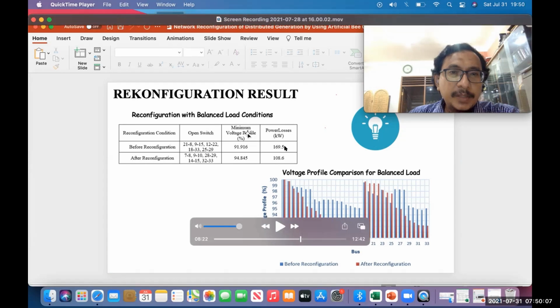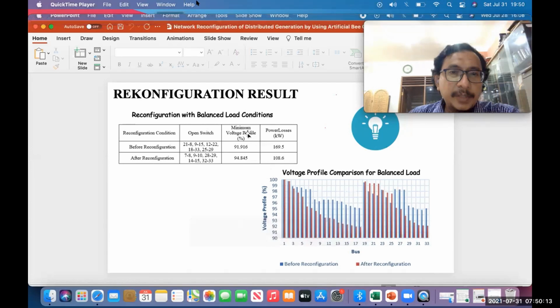I am trying to understand, when you say this is balanced load or unbalanced load, how can you tell from this profile, whether it is an improvement? It appears there is a difference, the blue and the red bars appear to be different. But how can you tell the load is balanced or unbalanced?